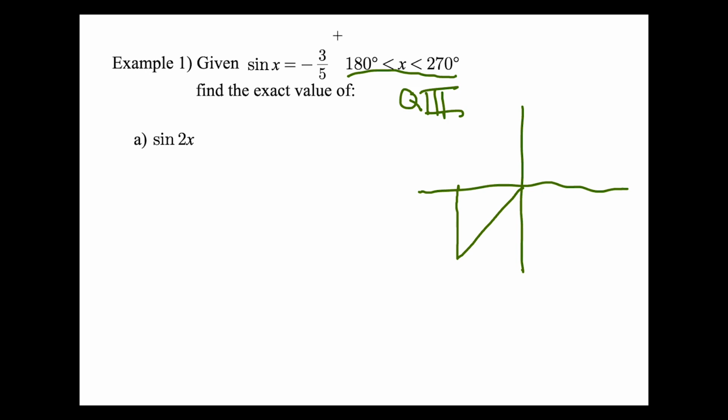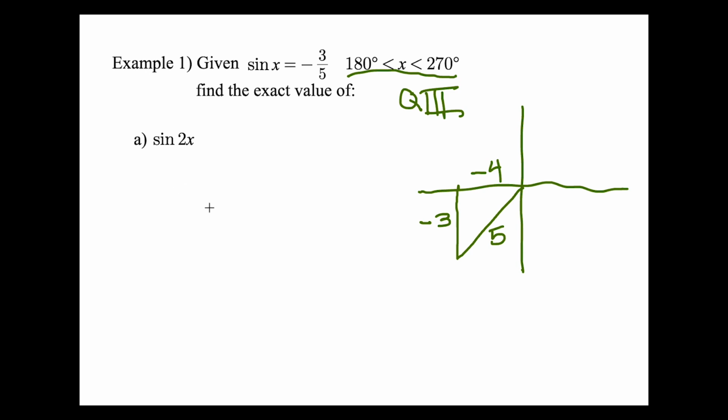The sine is opposite over hypotenuse, negative 3 over 5. This is a Pythagorean triple, 3, 4, 5, and since it's in quadrant 3, both the sine, the opposite side, and the adjacent side will be negative. So that means that my adjacent side will be negative 4.